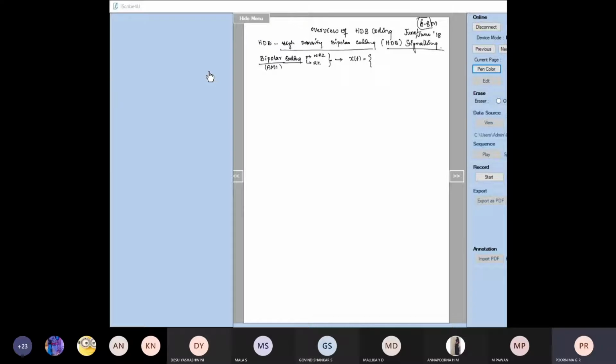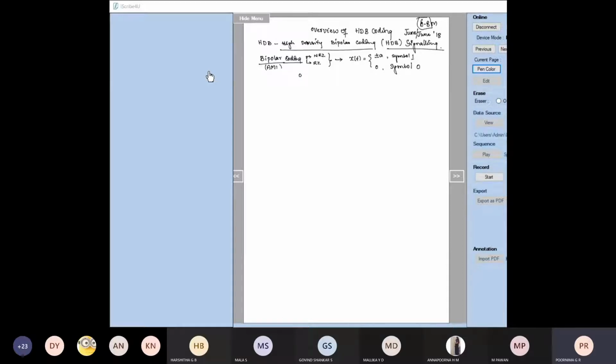What is that AMI coding? Its amplitude will be plus or minus A for symbol 1, and for symbol 0, it is 0. So this is how we will be representing symbol 0 or symbol 1.